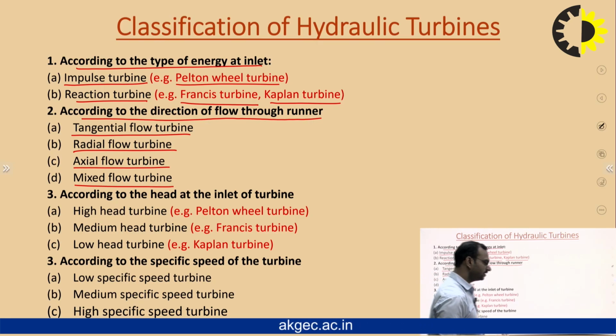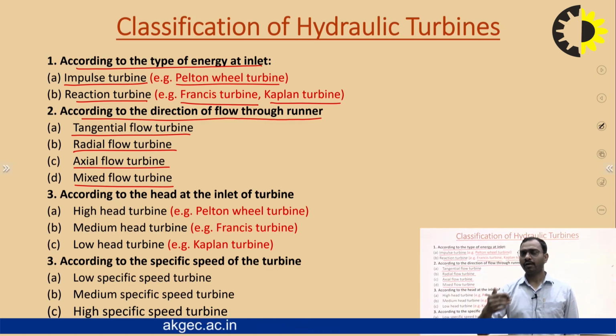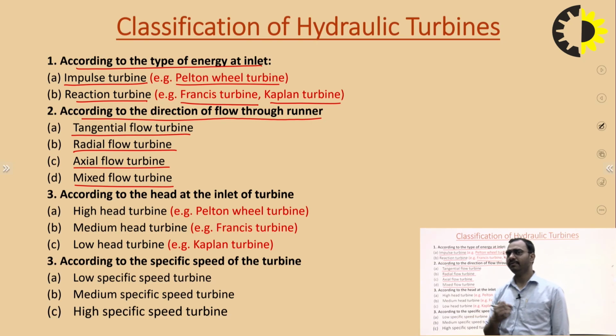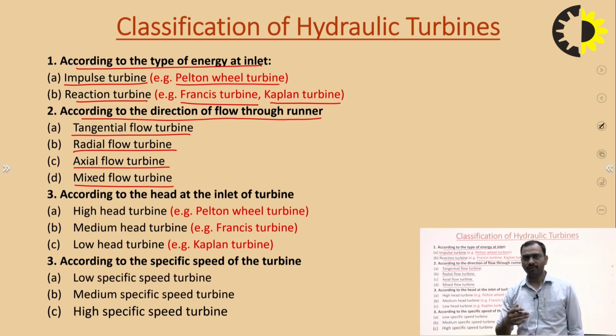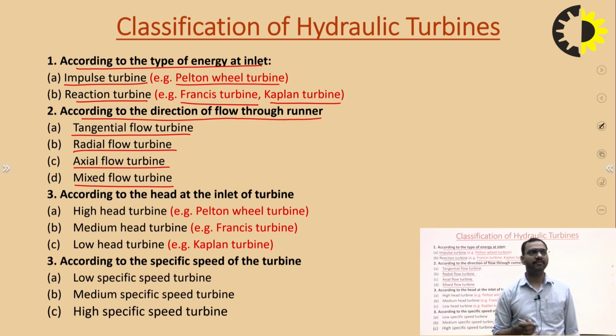Tangential flow turbine means the flow is across the tangent of the runner, and the example of tangential flow turbine is the Pelton wheel turbine. If the direction of flow is radial to the runner, then this type of turbine is called a radial flow turbine, and the example of radial flow turbine is the Francis turbine.